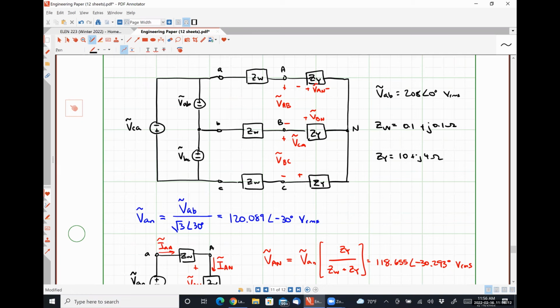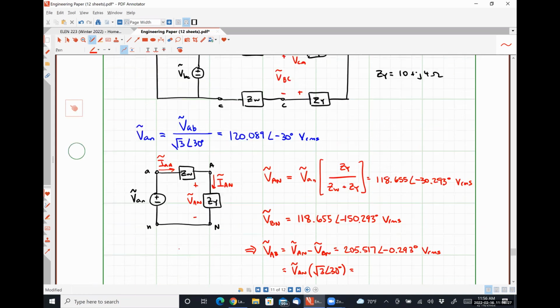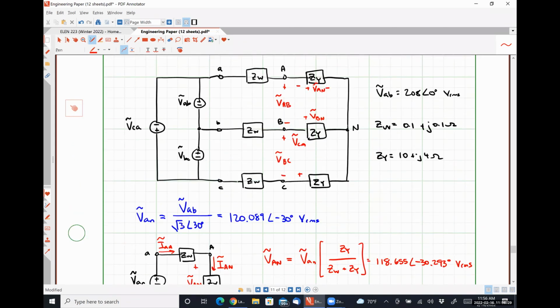Okay. All right, so I believe that you guys verified that these two operations give us literally the exact same result, which means, if you're following along, we don't ever actually need to know this VBN phase voltage.